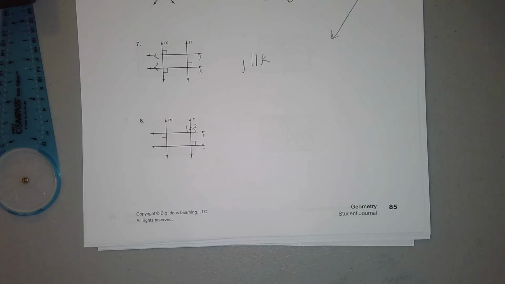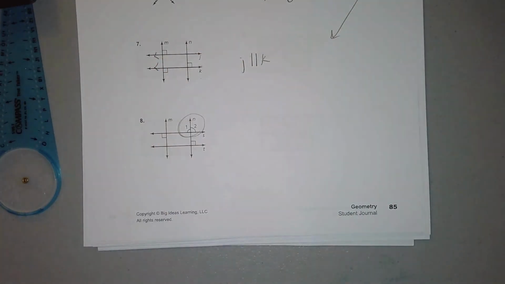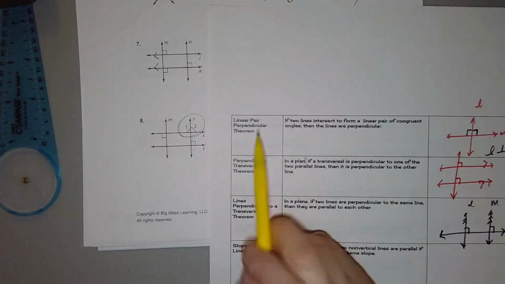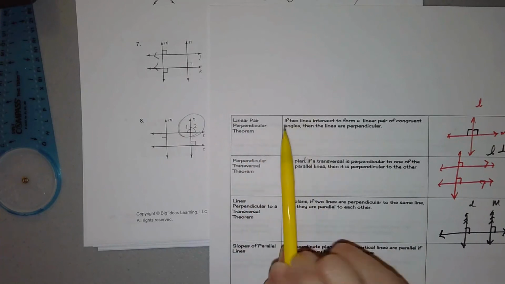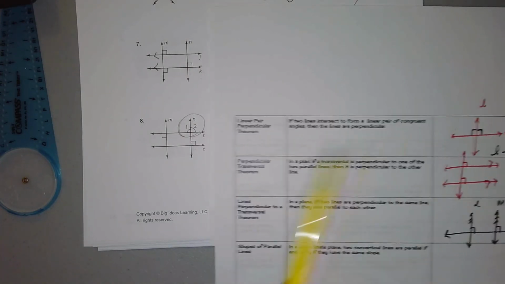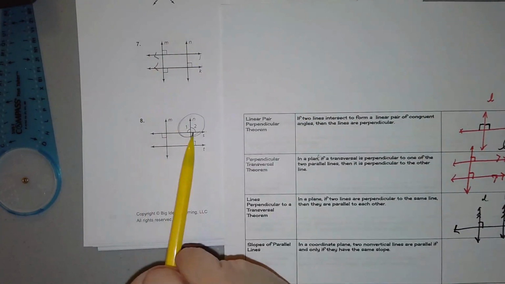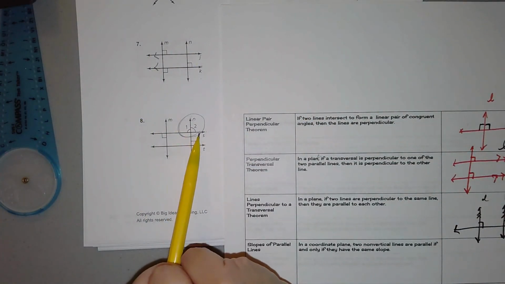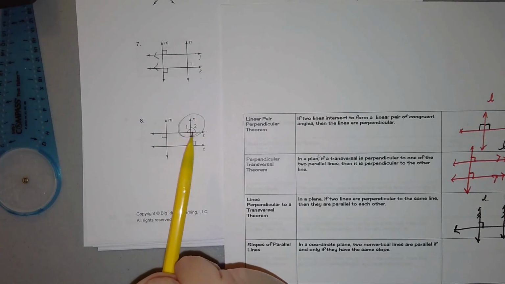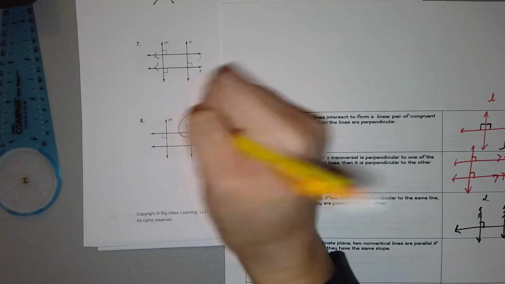So we have to use the linear pair perpendicular theorem here. N intersects with S and forms a linear pair, so 1 and 2 are a linear pair, and they're congruent, then the lines are perpendicular. So this line would be perpendicular to this one.